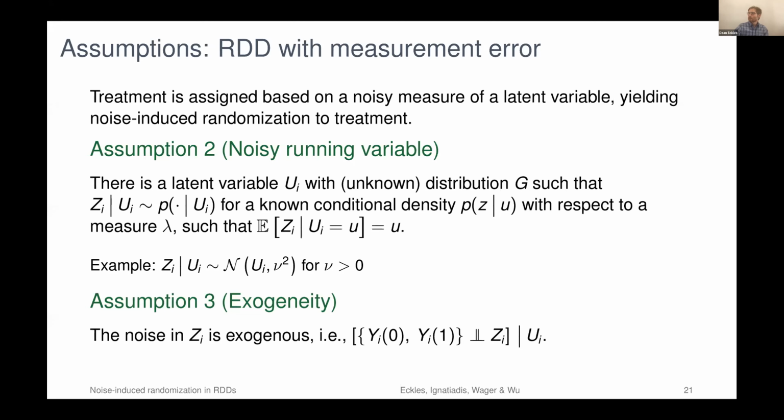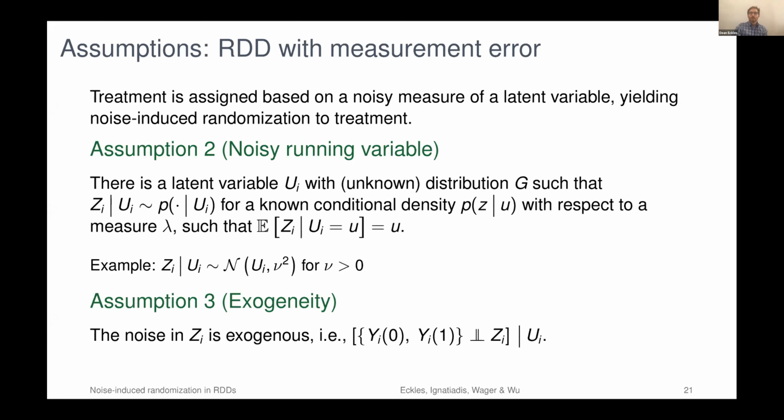So maybe one quick clarifying question. Are we to understand assumption 2 as a conceptual device that can be applied even if there is no measurement error, or is it really, do we take this measurement error thing very seriously? So this should be applied only when we know that there's measurement error with the conditional density that we actually know, or for which we have rich information. Yes, but we need to take this quite literally.